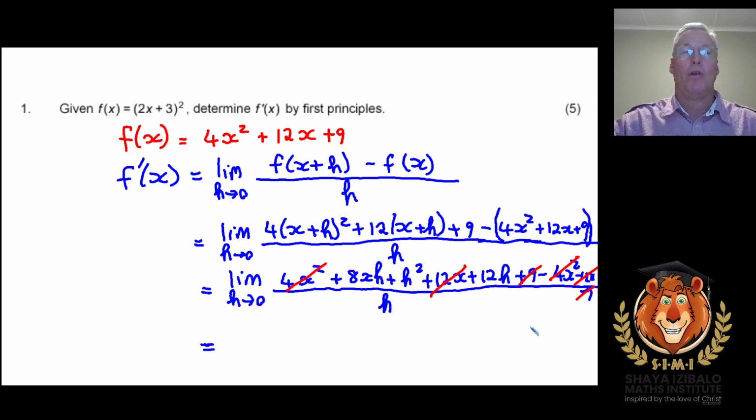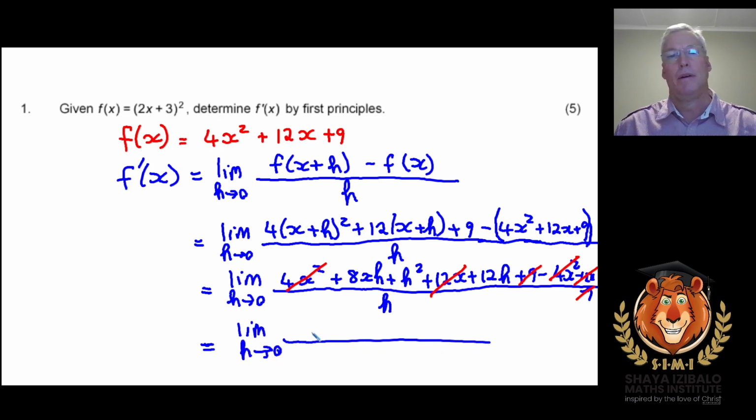Okay, so what I'm now going to do is factor out an h on the top. All right, so I'm going to get the limit as h tends to 0 of h times 8x plus h.